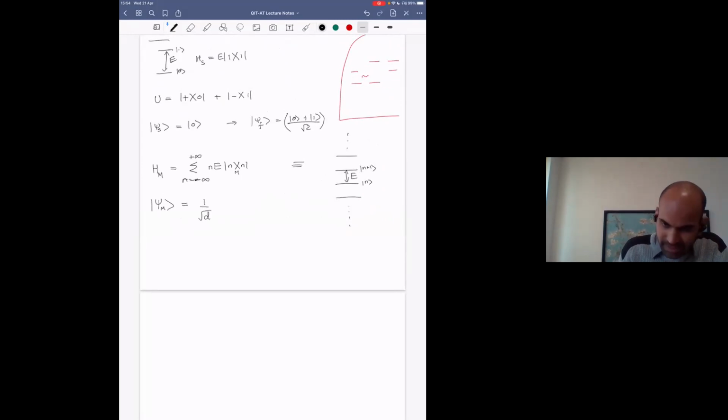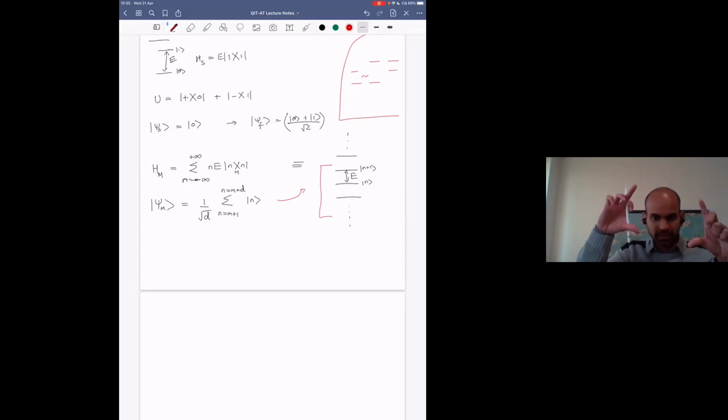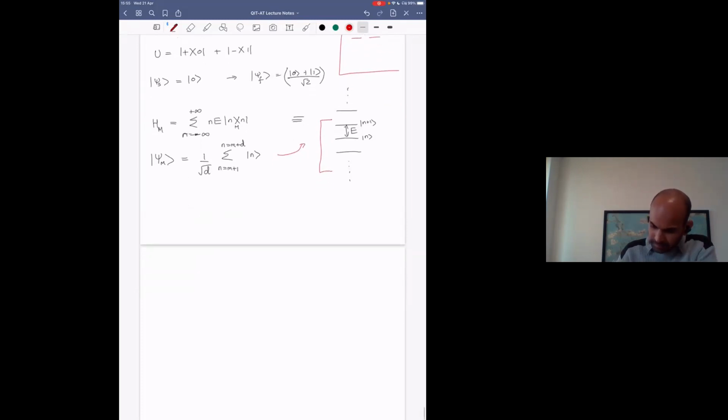It's going to be a d-dimensional state spread between m plus 1 to m plus d of the states |n>. It's a state that has finite support. It exists in a d-dimensional subspace of the ladder, and in that subspace I've taken it to be a pure state, a coherent superposition of all of the states in that subspace of the ladder.